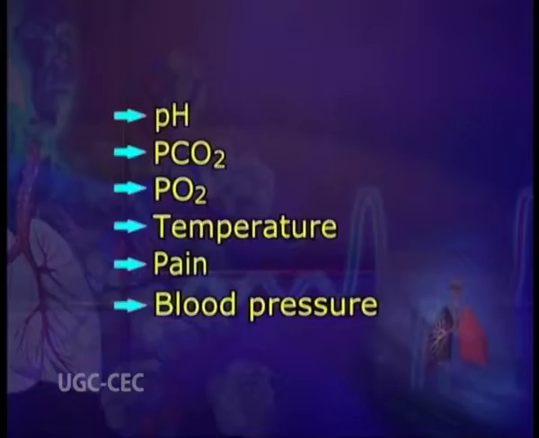We have listed the major medullary and pontine areas that control respiration and briefly mentioned their role in ventilatory control. We have also learned the role of various factors like pH, partial pressure of carbon dioxide, oxygen partial pressure, temperature, pain, blood pressure and so on.